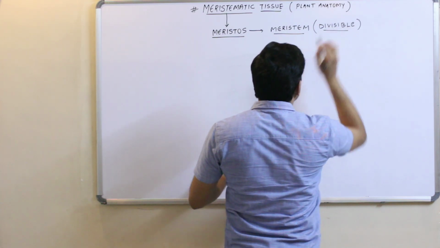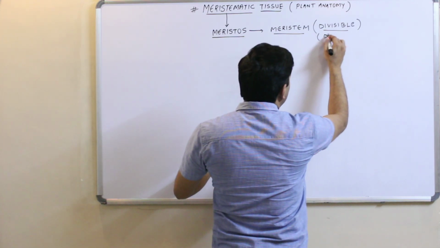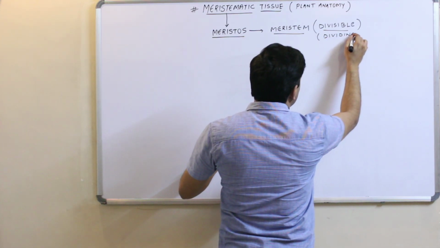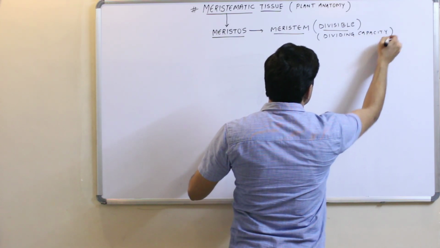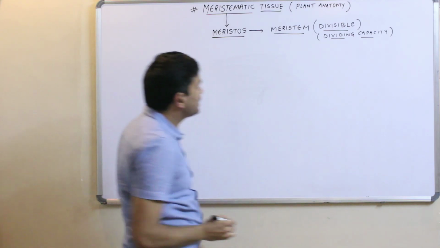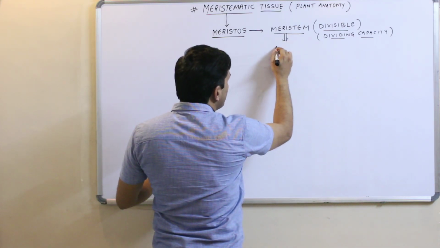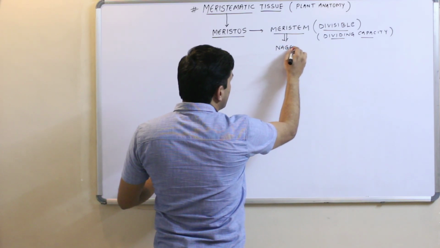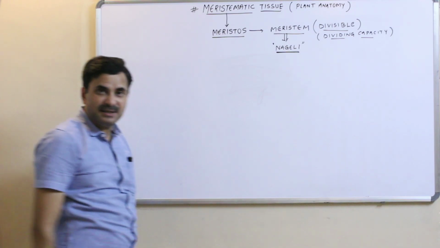Meristem means it has dividing capacity. This term meristem was first given by a scientist whose name was Nagel.